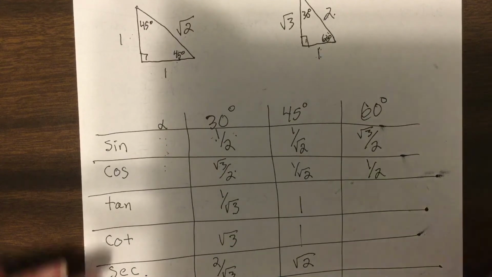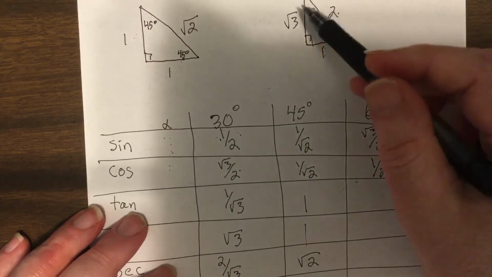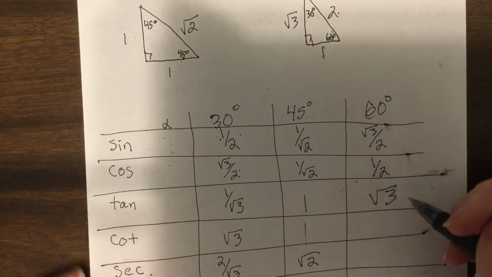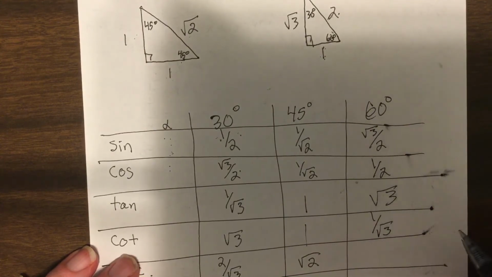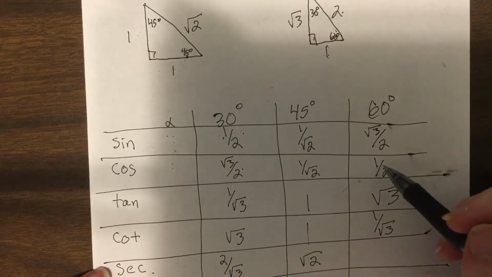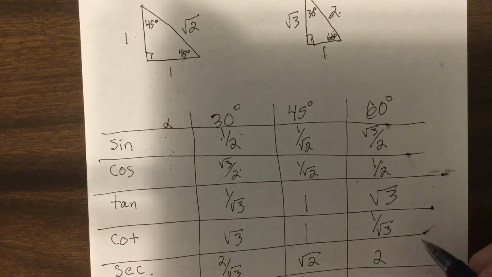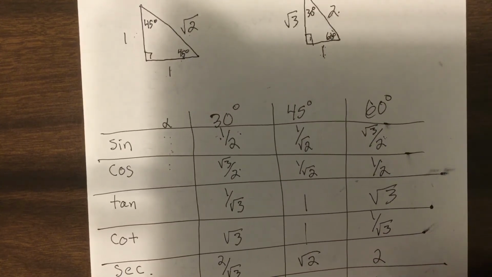These are famous because they're so nice. Tangent is opposite over adjacent, so it'd be square root of 3. Cotangent's the reciprocal. And then secant is the reciprocal of cosine, so secant of 60 would be 2. And then cosecant's the reciprocal of sine, so it's 2 square root of 3.